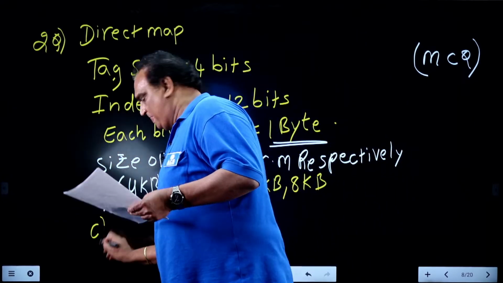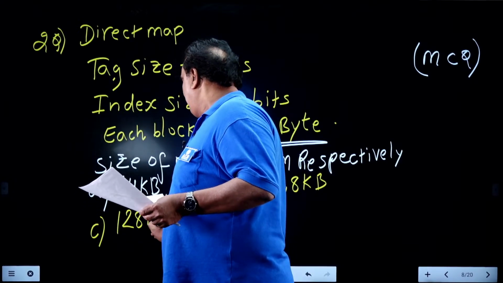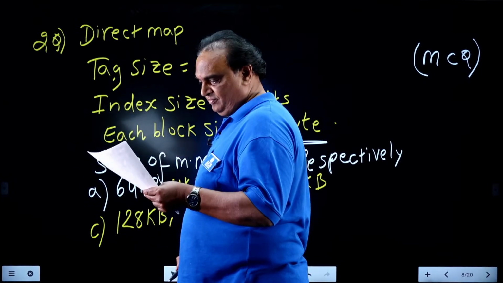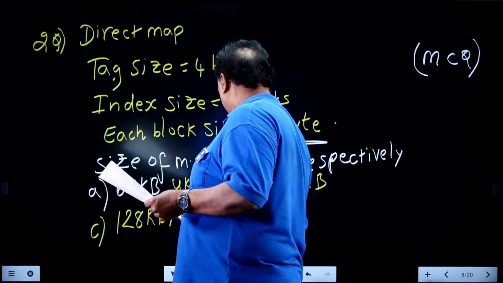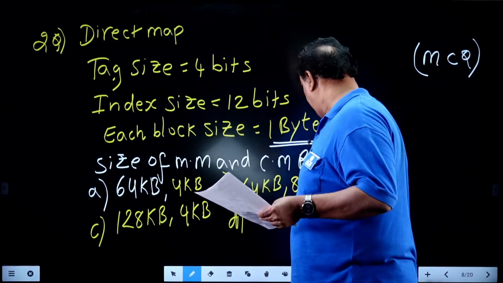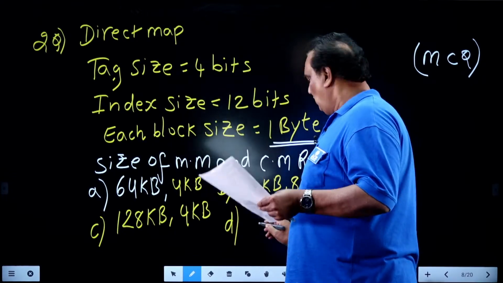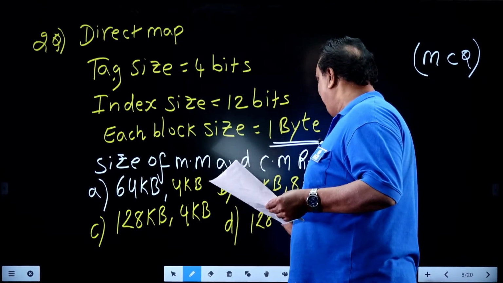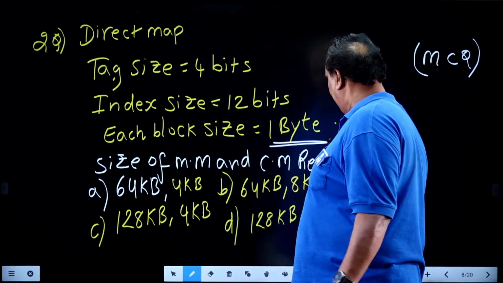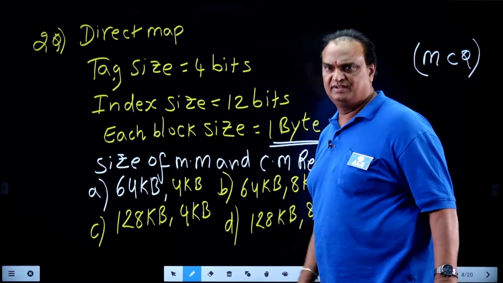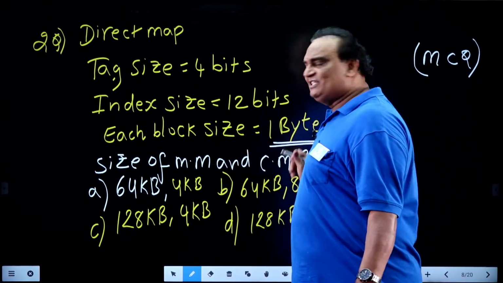Option C, 128 KB, 4 KB. Option D, 128 KB, 8 KB. Watch this. In this, each block size is 1 byte.